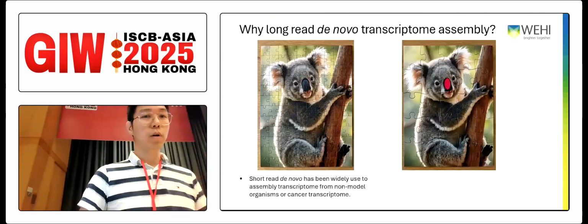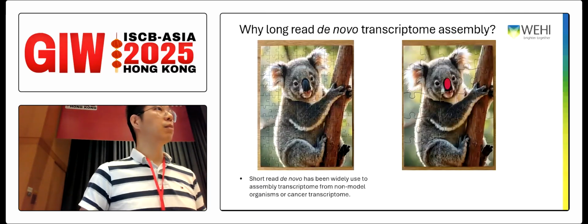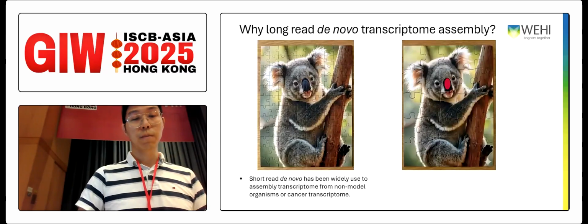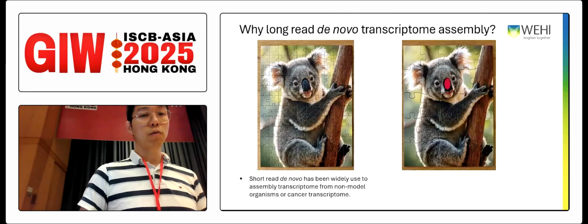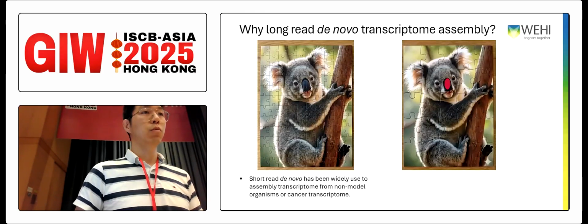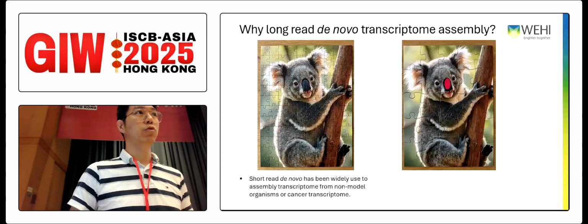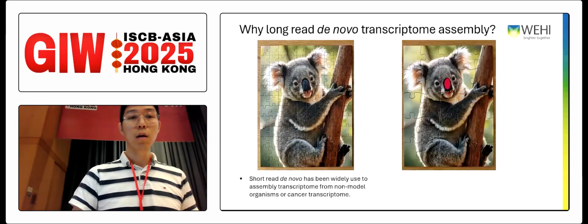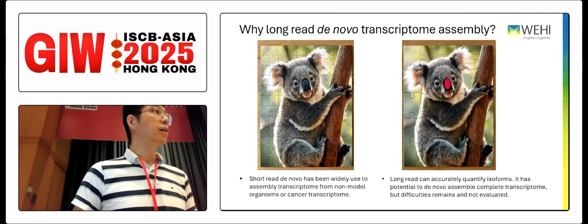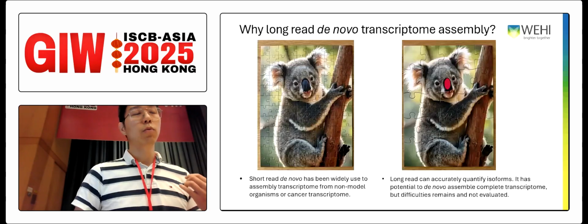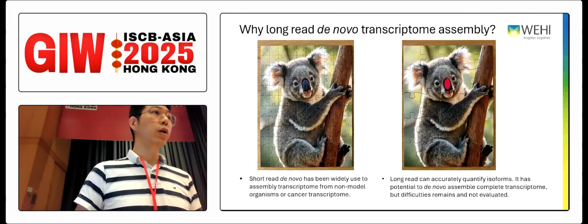However, intrinsically for some of the technologies, especially nanopore, you have a higher error rate compared to short-read Illumina sequencing. Also, with the increase of the read length, the computational burden increases substantially compared to short reads. So in the field, we're still not sure how we should apply long-read de novo transcriptome assembly and whether this is useful or worth doing.